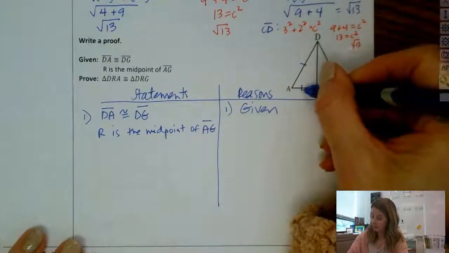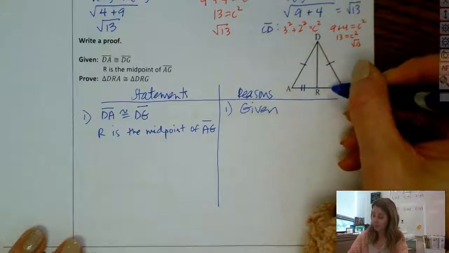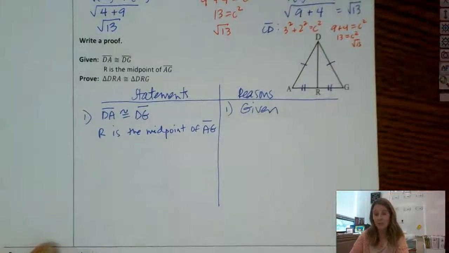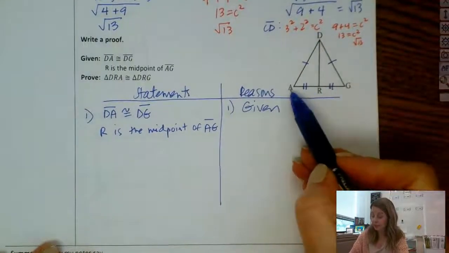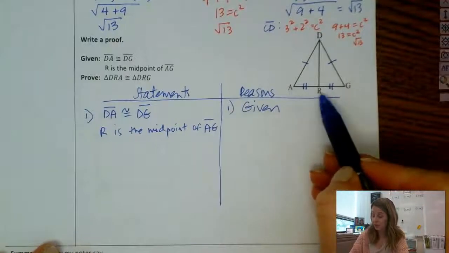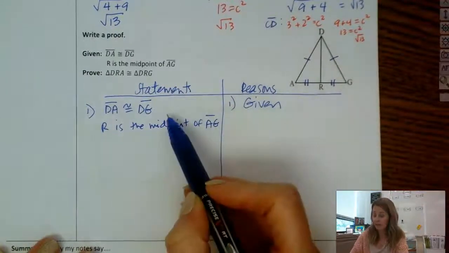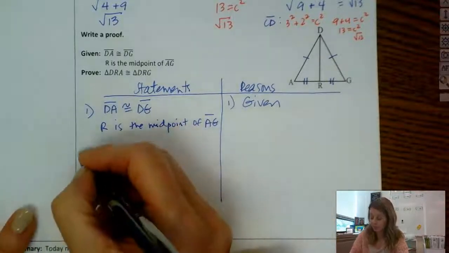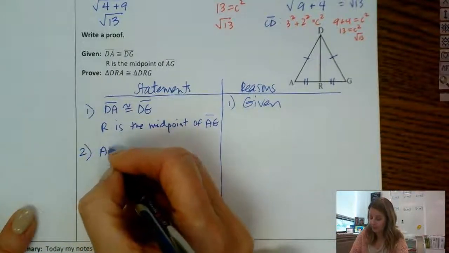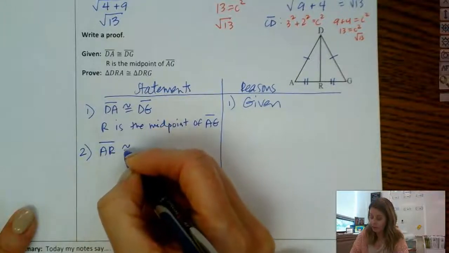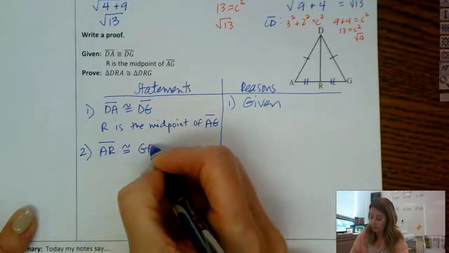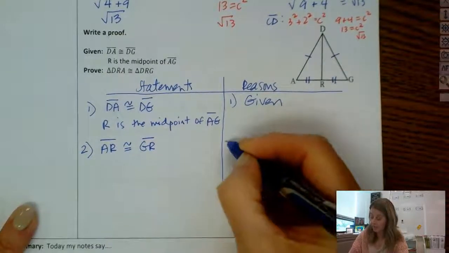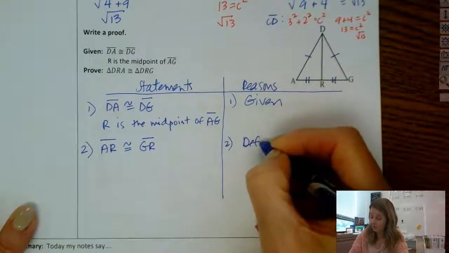So it means that the left side of the midpoint is congruent to the segment on the right side. So it means that AR is congruent to GR, and the reasoning for that is that's just what the definition of midpoint is. So we'll write definition of midpoint. So I've got segment AR is congruent to segment GR, and that is by definition of midpoint.